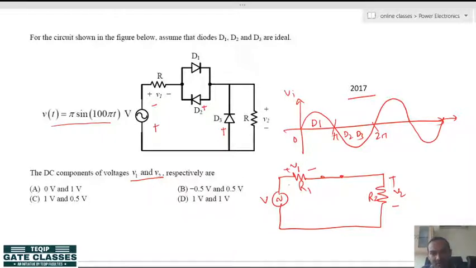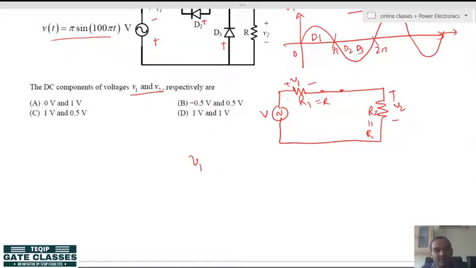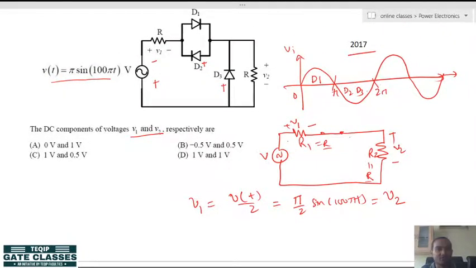R 1 is equal to R and R 2 is also equal to R. So, if you solve this circuit, in this case V 1 is basically V t by 2, which means pi by 2 sin 100 pi t, and V 2 also will be the same because both are R. So, the voltage will be divided equally in both of them, and hence V 2 is also the same. All right. So, now move on to finding the next one, between pi to 2 pi, just draw the modified circuit.